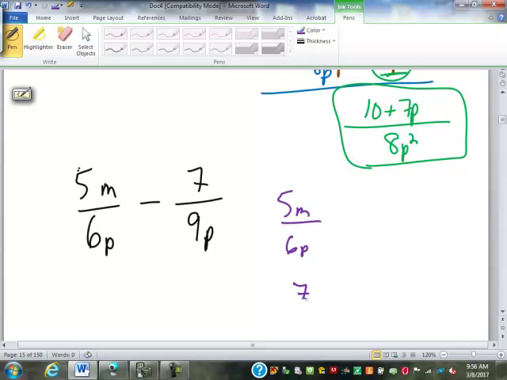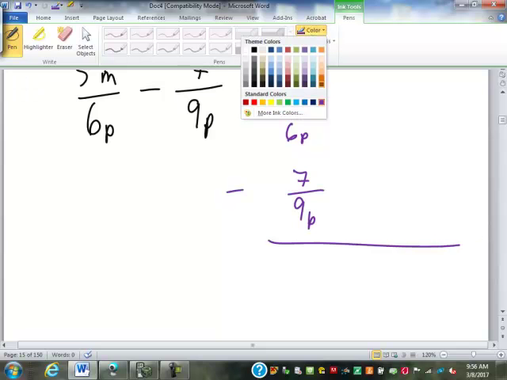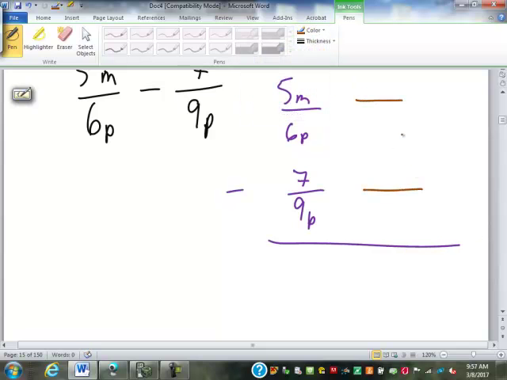We need our common denominator, which is going to be what? Careful. For 6 and 9, it will be 18. Okay, 18p, right?